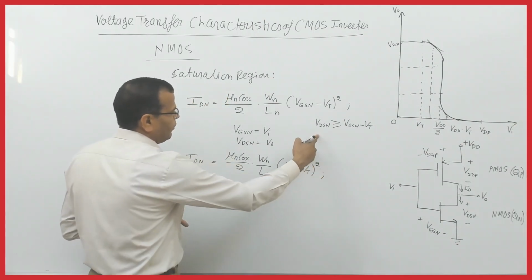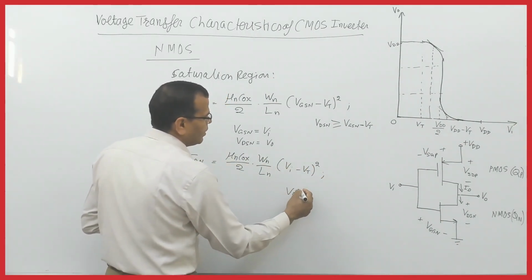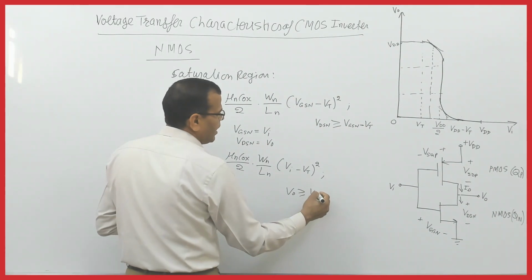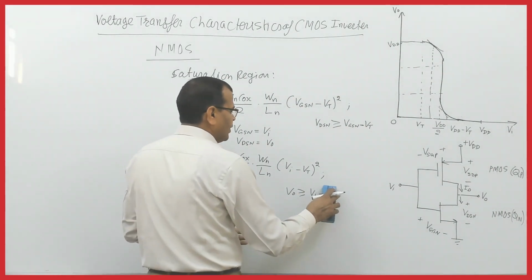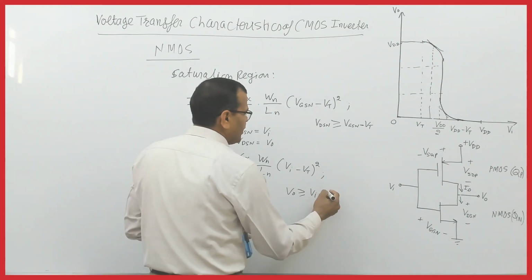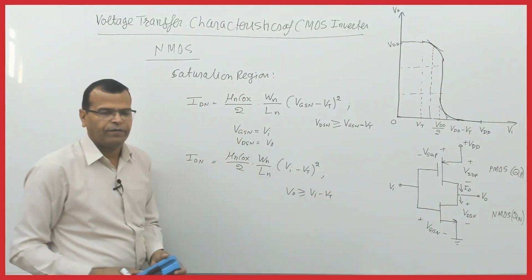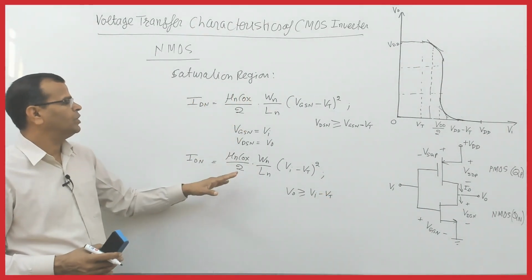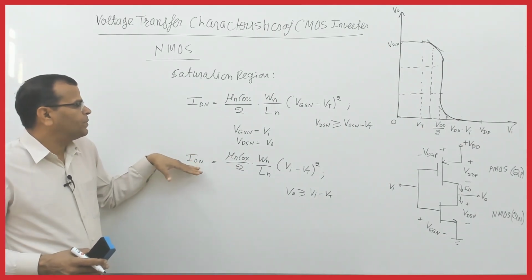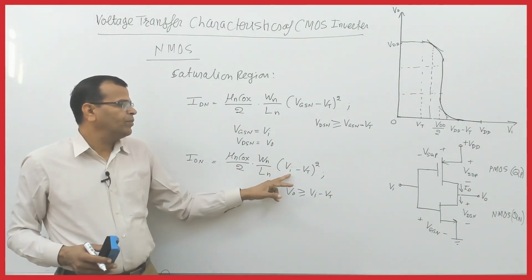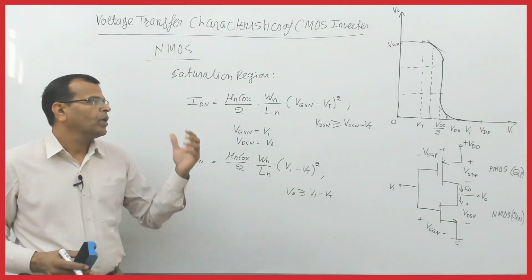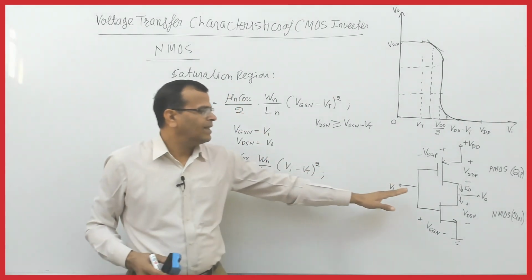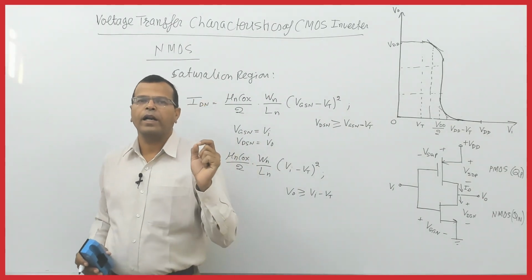Condition is what? VDSN is V0. So V0 greater than or equal to Vi minus threshold voltage Vt. That's what you have. Fine. This is the expression of drain current in terms of input and output voltage, and that is the condition for operation in saturation region. These are the conditions for NMOS.